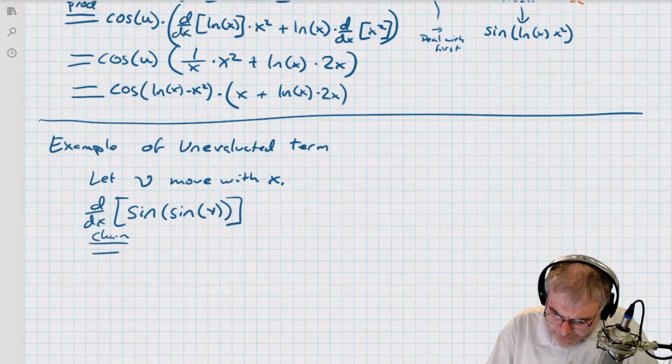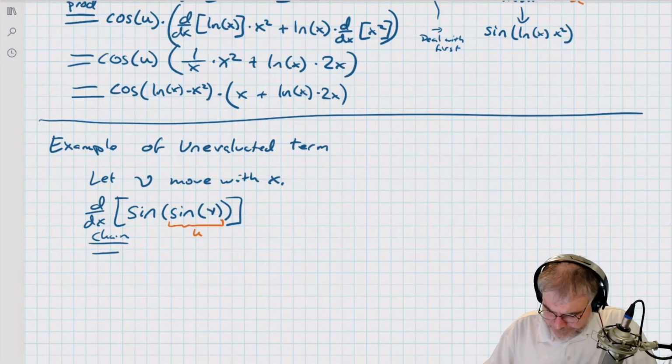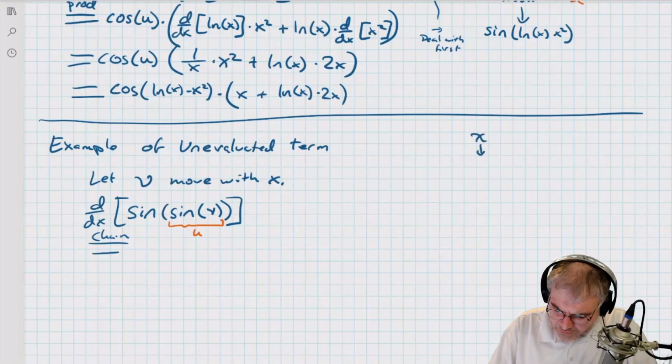I'm going to call this bit U, because that was the outside. The journey, by the way, of X would be X goes to V. Don't know what happens there. Goes to sine of V.